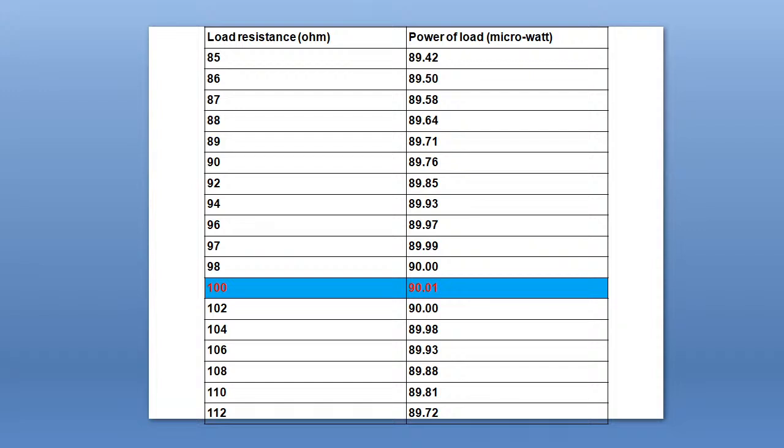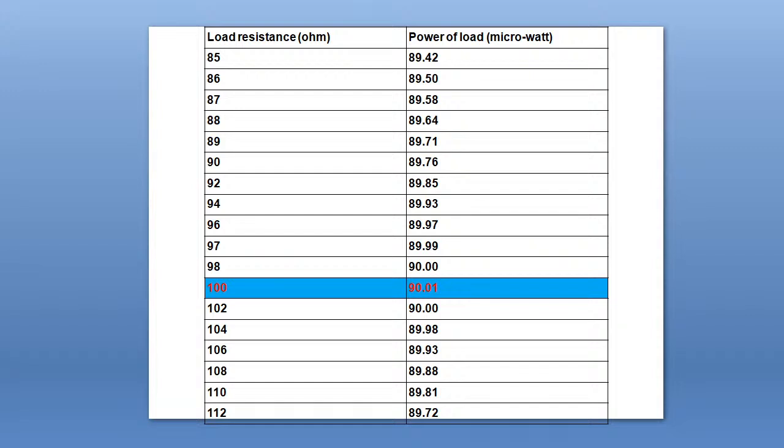After that you draw the graphs: load power versus load resistance, and power transfer efficiency versus load resistance. So you will get two curves.